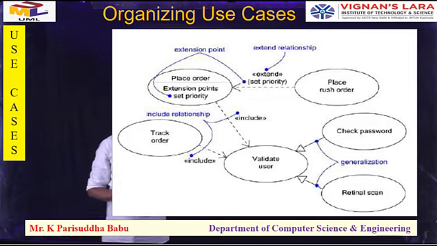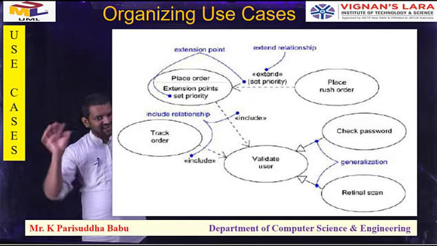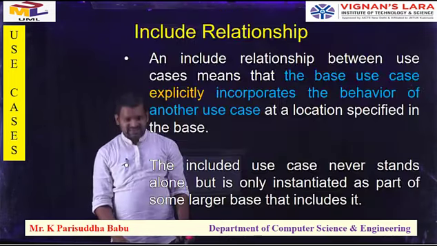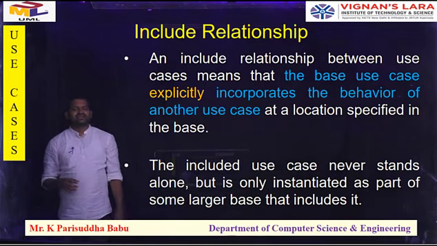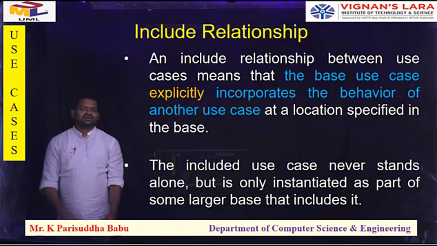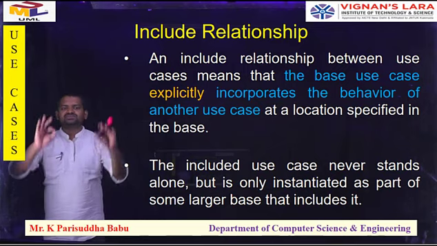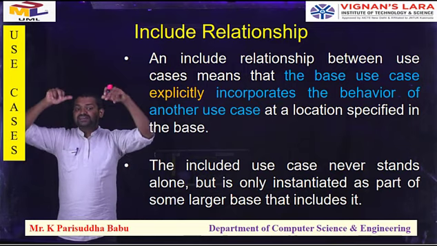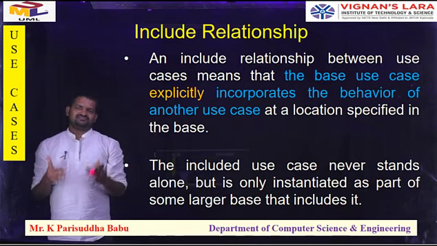Let me see what the include relationship is and what the extend relationship is. Let's look clearly. What is an include relationship? An include relationship between use cases means that the base use case explicitly incorporates the behavior of another use case.